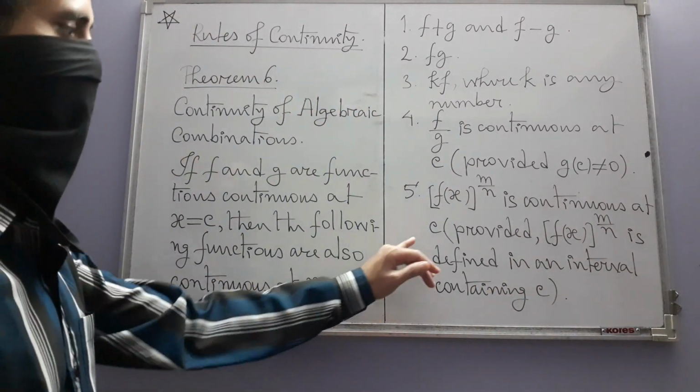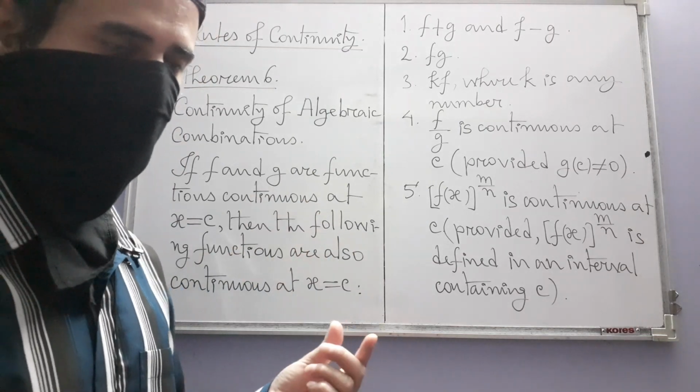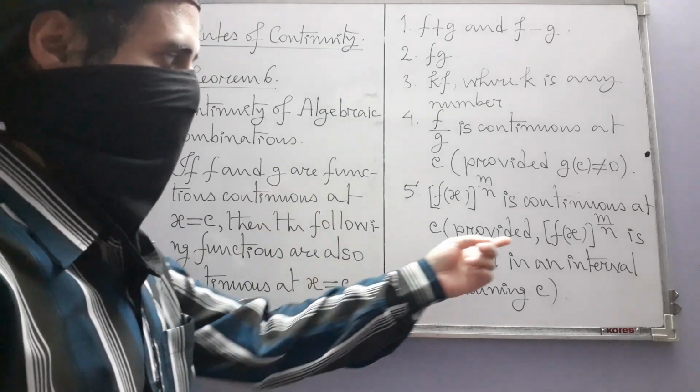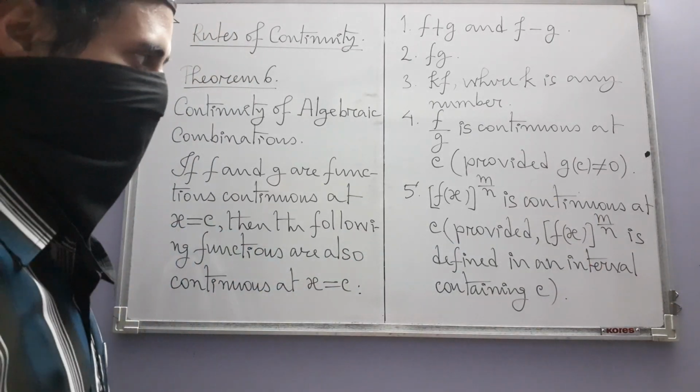It has to make sense at c, and not just that, in a small interval it has to make sense. From that interval, if you take any x, then this should be a real number.